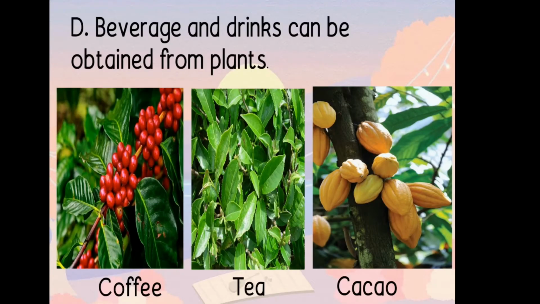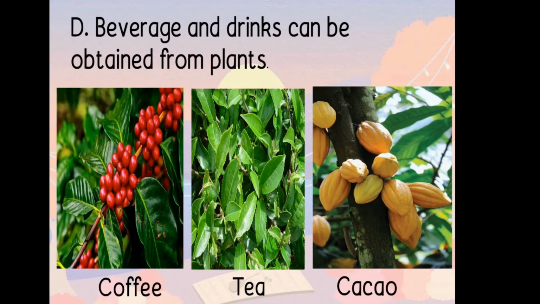So, next one. Beverages and drinks can be obtained from plants. So, meron tayong coffee, tea, or tsaa. Meron din tayong cacao. So, coffee. Mga kape. So, mga mahihilig sa kape like me, na-enjoy natin yung cold coffee, iced coffee, or hot coffee, or may mga iba't ibang variations like cappuccino, macchiato.